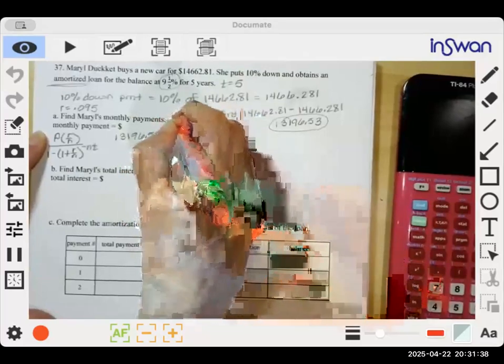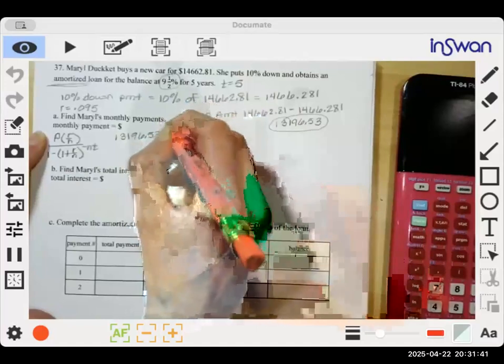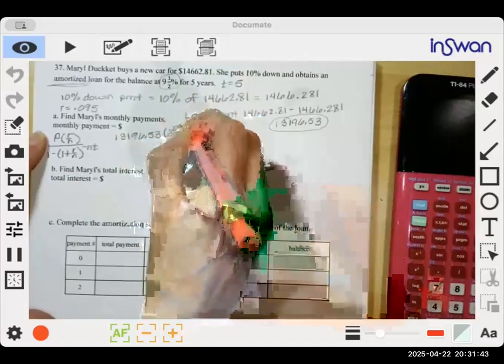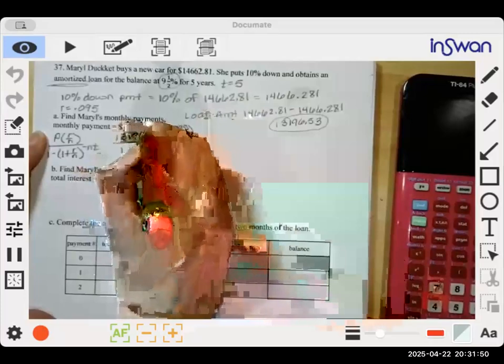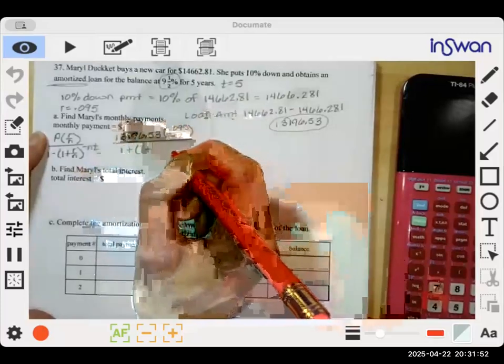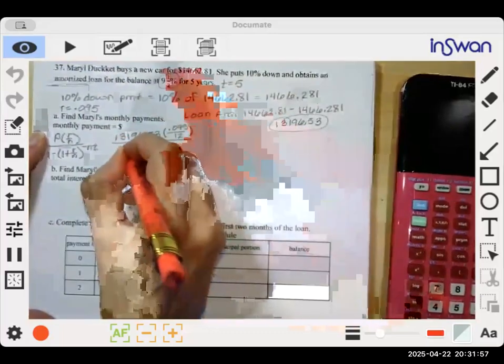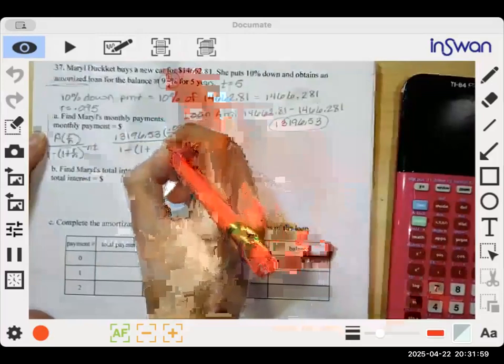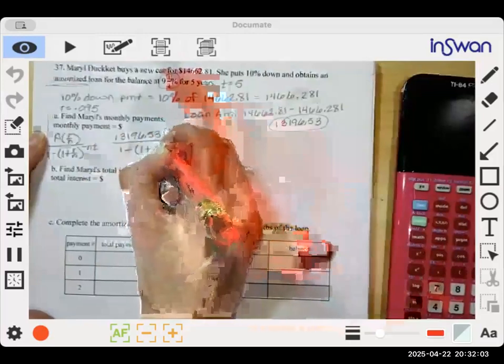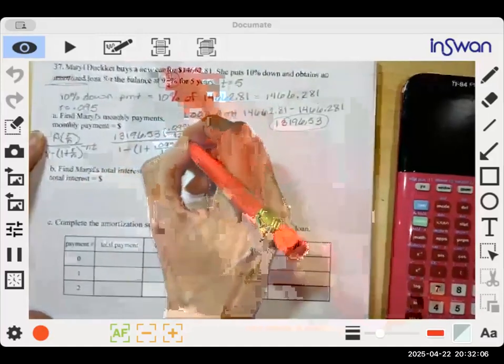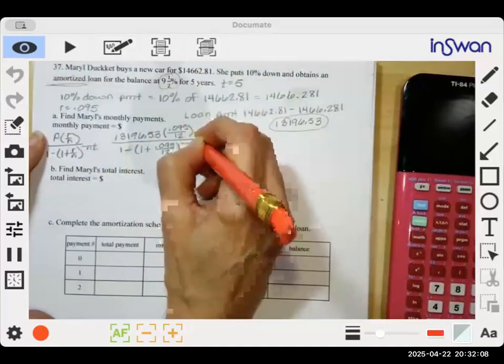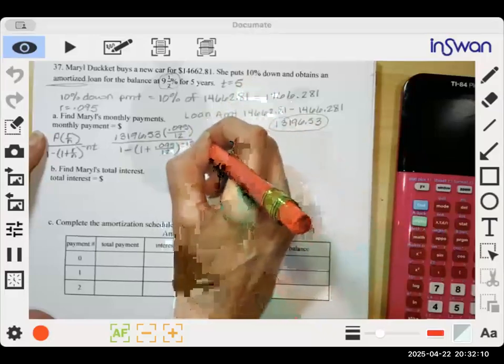So 0.095 over 12, all of that over 1 minus 1 plus 0.095 over 12 to the negative 12 times 5.